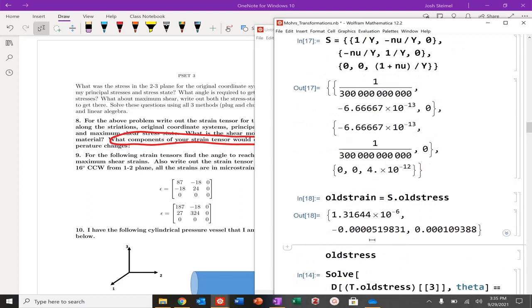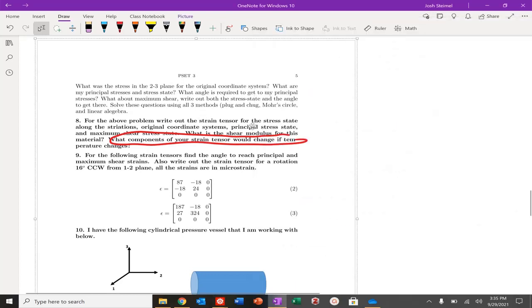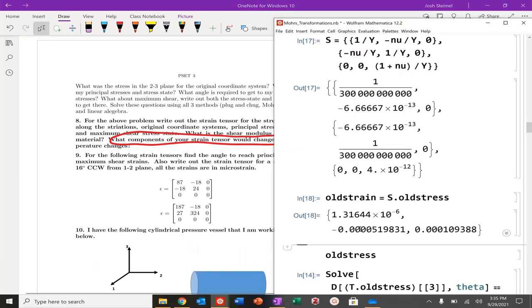If I were asked to look at the strain tensor again, you could do it for all three directions as well, but we're sticking with plane stress, so that's what the problem's essentially asking for. So I've got the strain tensor for our old coordinate system. For the original coordinate system, I could do the exact same thing.